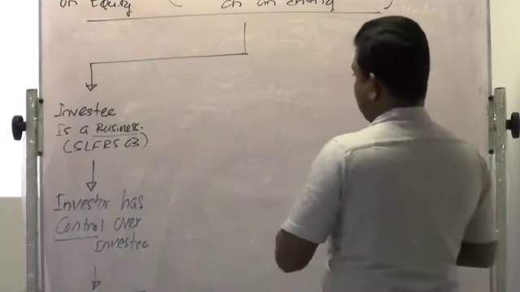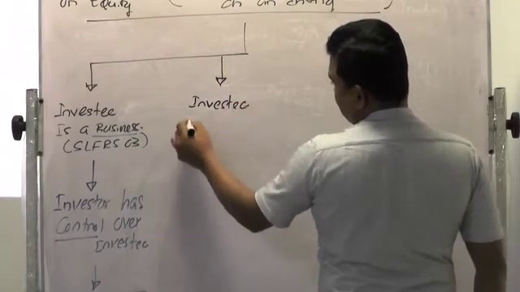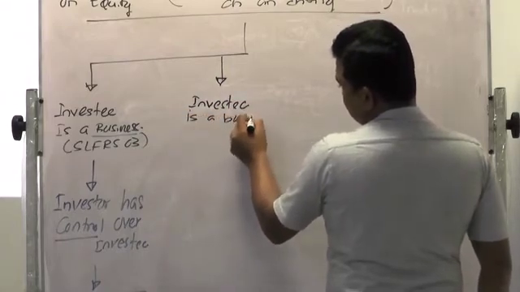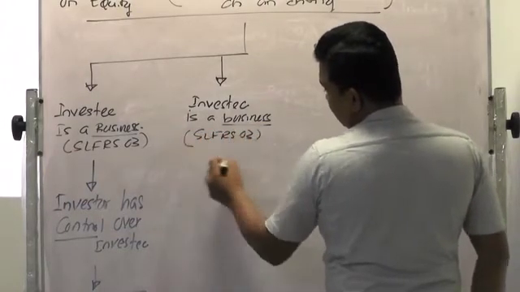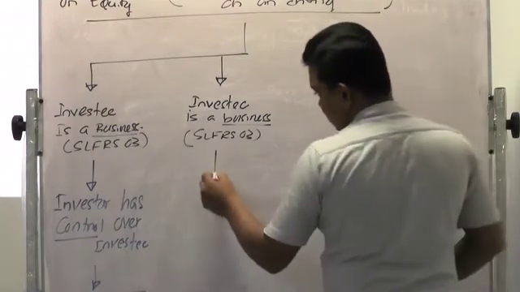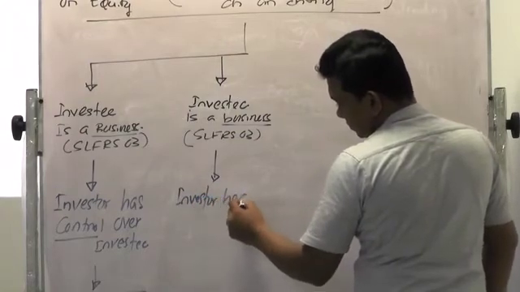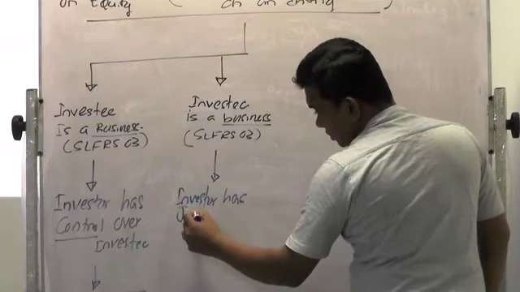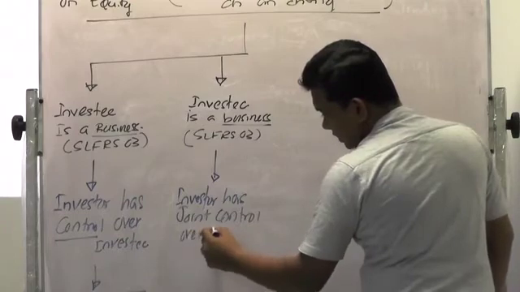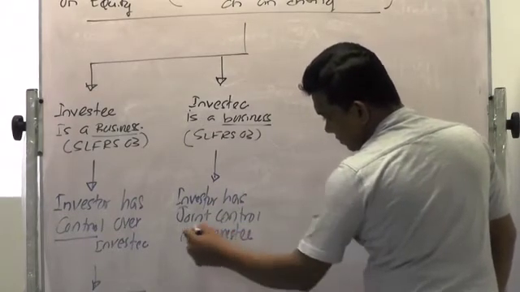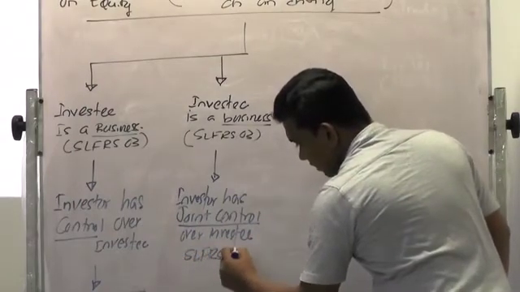Number two, the investee is a business as per SLFRS 3 and the investor has not control, but has joint control over the investee, according to SLFRS 11.